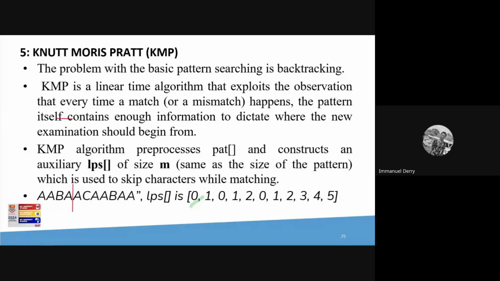All right. Now we move on to the second character, which is A. So for AA, what is the longest prefix that is also a suffix? Let me see if I can draw on the screen for us to see.